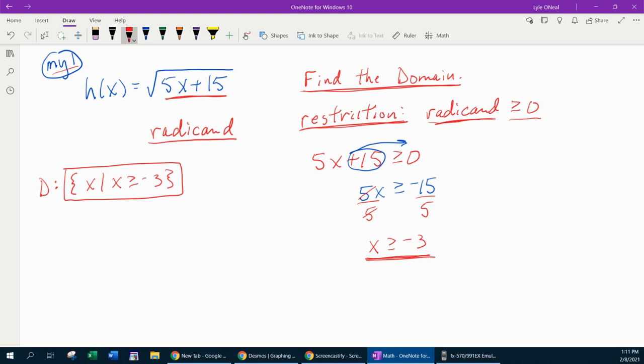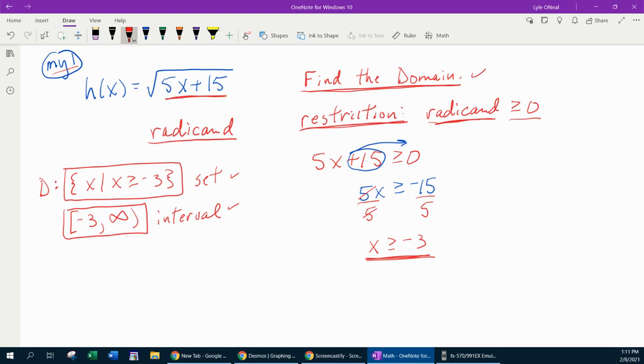We're also going to express that in interval notation. That would be everything from -3, and we use a bracket because -3 is included, to infinity. If x is greater than or equal to -3, it has to be everything from -3 to infinity. And that is set notation and interval notation. And that answers the question they ask.